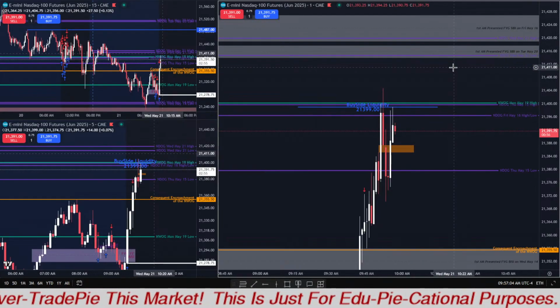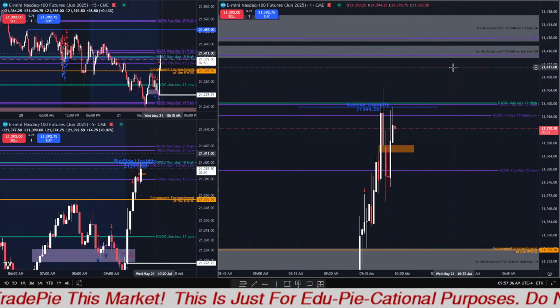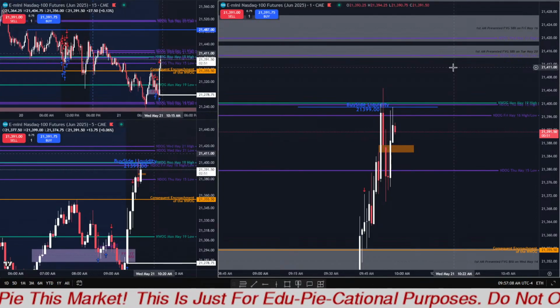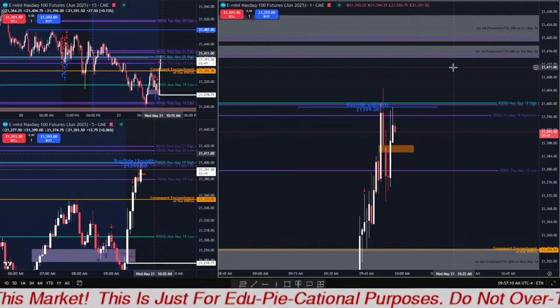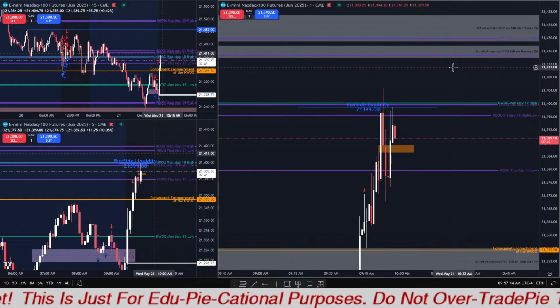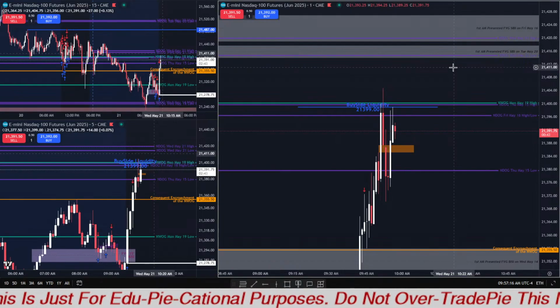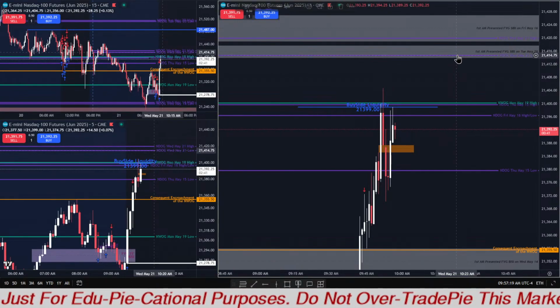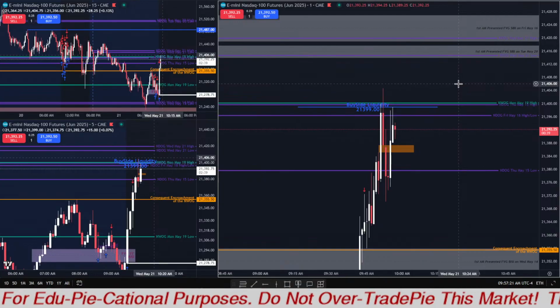We can see we have the first presented fair value gaps of yesterday and last Friday, as well as the new day opening gap of today. So this is a quite important level resting in the market at this price over here.